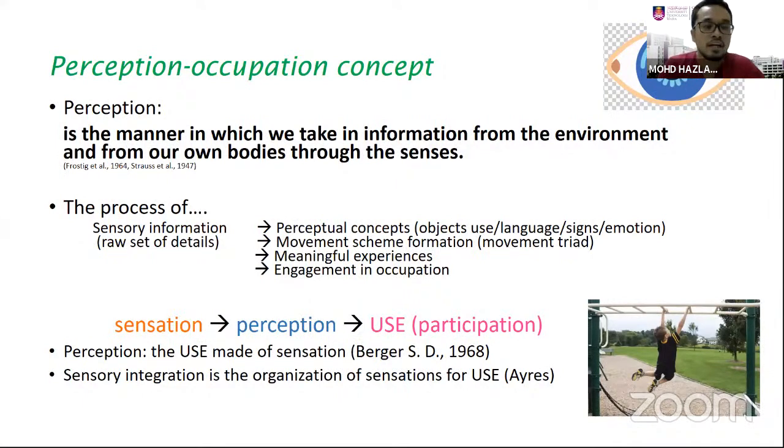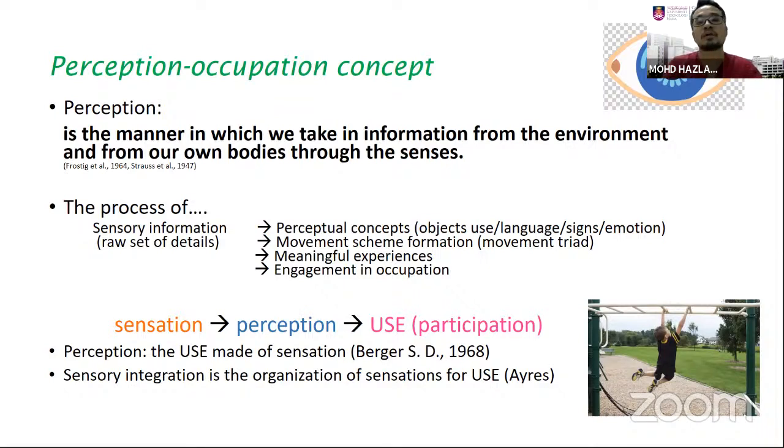To have perception, these sensory information, these raw sets of details, will later be processed in our central nervous system to create perceptual concepts. This is where the occipital lobe, which controls most of the visual perception processing, communicates with other parts of the brain for us to develop our perceptual concepts.